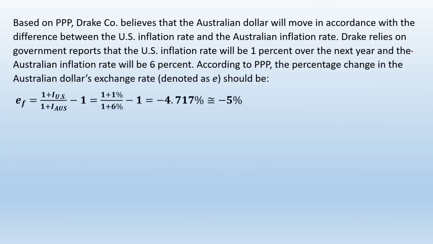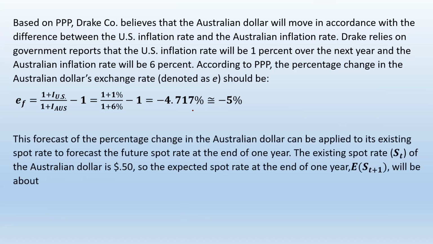So according to PPP, the percentage change of the Australian dollar exchange rate should be (1 plus the US inflation) divided by (1 plus the Australian inflation), minus 1. It's around negative 4.7%, which means it's a depreciation.